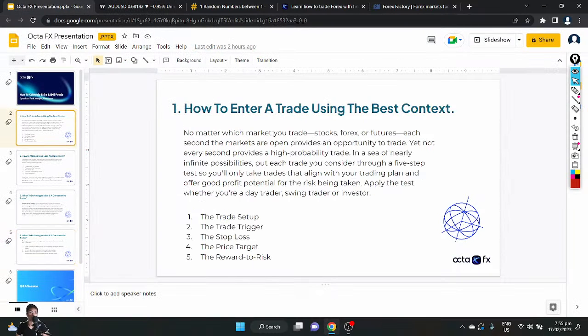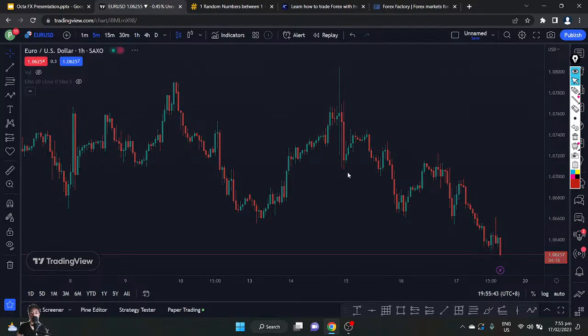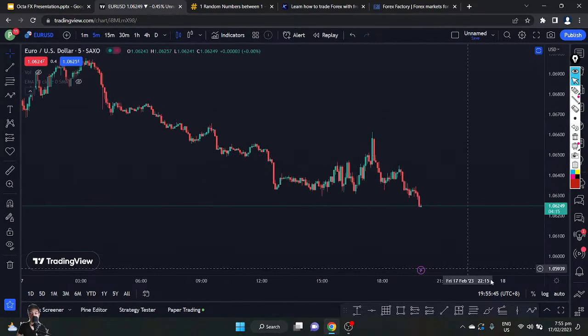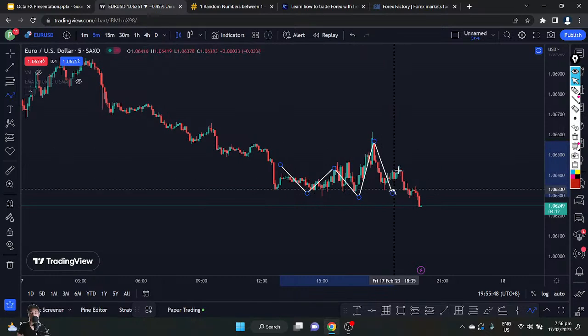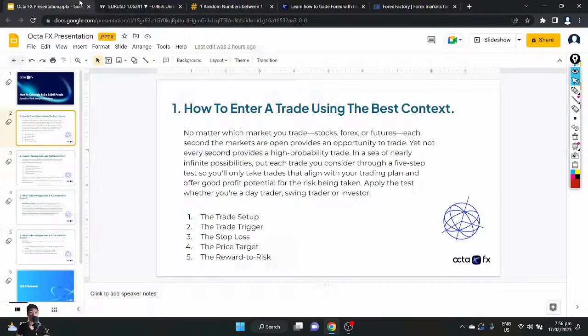So what we learned so far is how to enter a trade using the best context. Again, we should look for the setup. If the price is showing us a clean structure, then that's a good trading setup. But if the price is giving us a dirty structure, like what we saw from the euro dollar earlier on our 5-minute chart, where it was acting like this, then this is not a good trading opportunity for us, because we want to look for the better setup.